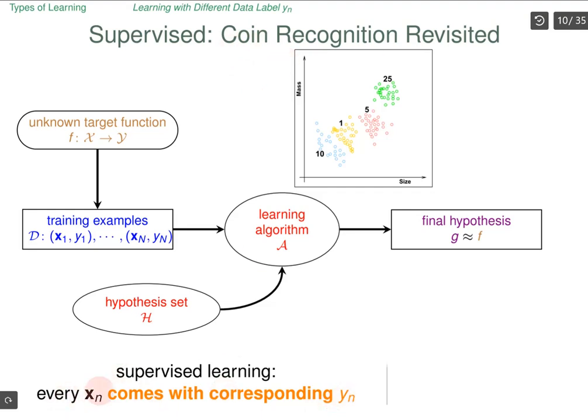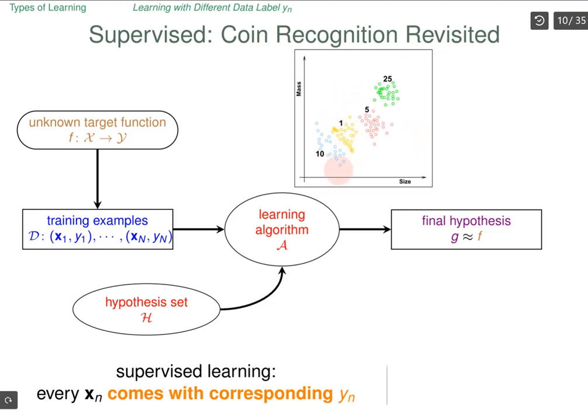Okay, every xn comes with corresponding Y. If we imagine this x1 represents one of these coins, then y1 will represent the color. Okay, x2, this coin and color would represent 1 cent, 5 or 25 cents. This is a multi-class, 4-class classification problem.